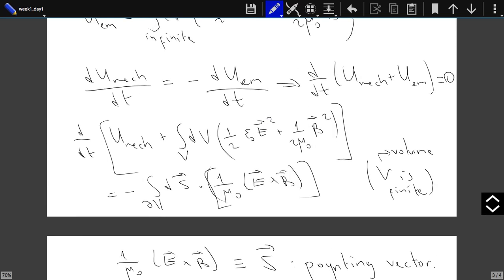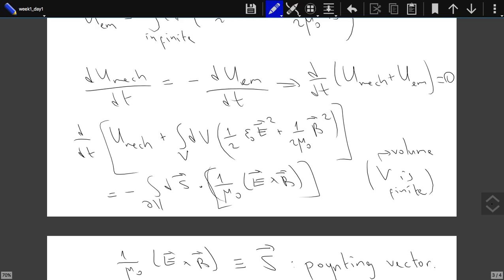This quantity over here, I will call the current of energy. So energy is flowing through my system, through the surface. That is why the total energy stored in my volume is changing with time, because it is flowing through the surface. It is not changing because it is just disappearing from the universe.